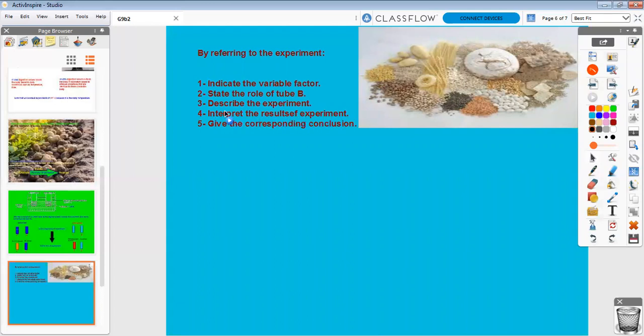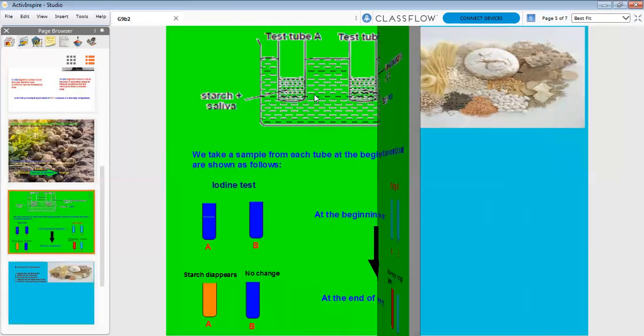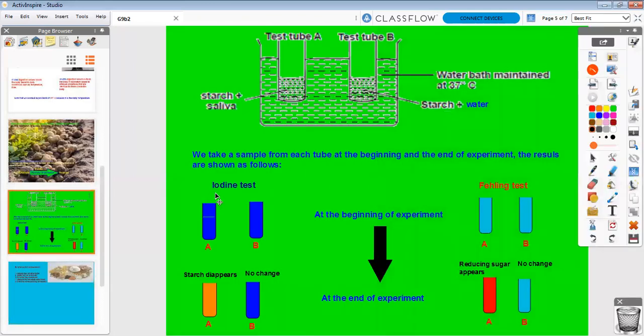Interpret the results of the experiment. Interpret means make an analysis, then give the significance. In tube A, the iodine test gives dark blue color at the beginning of the experiment.